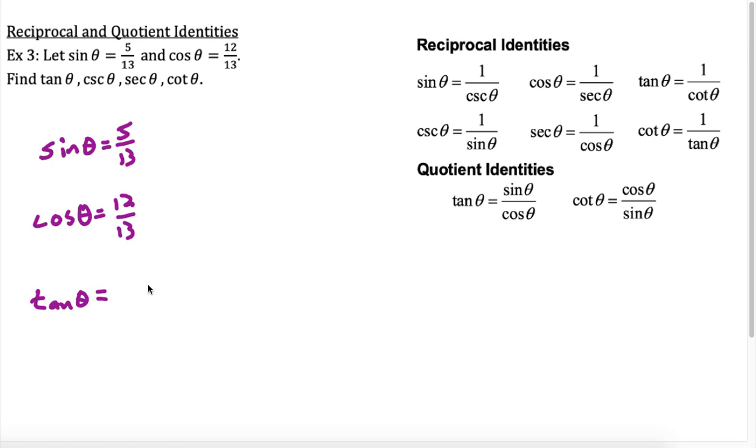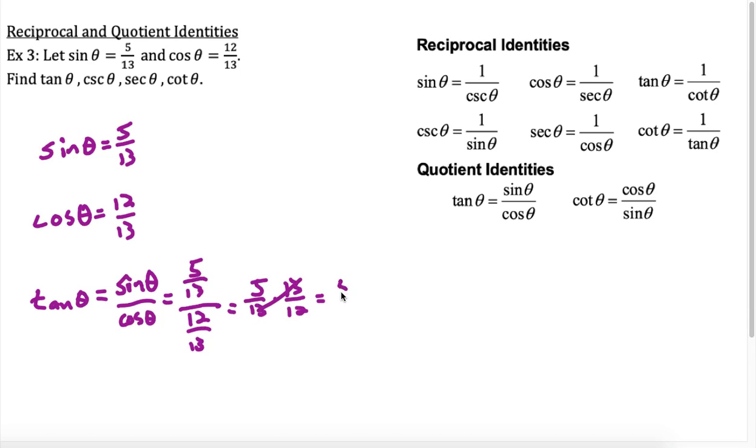Tangent is the same as sine over cosine. So sine of theta over cosine of theta. Sine is 5 over 13. Cosine is 12 over 13. So this would just be the same as 5 over 13 times 13 over 12. The 13s would cancel, and this would just be 5 over 12.